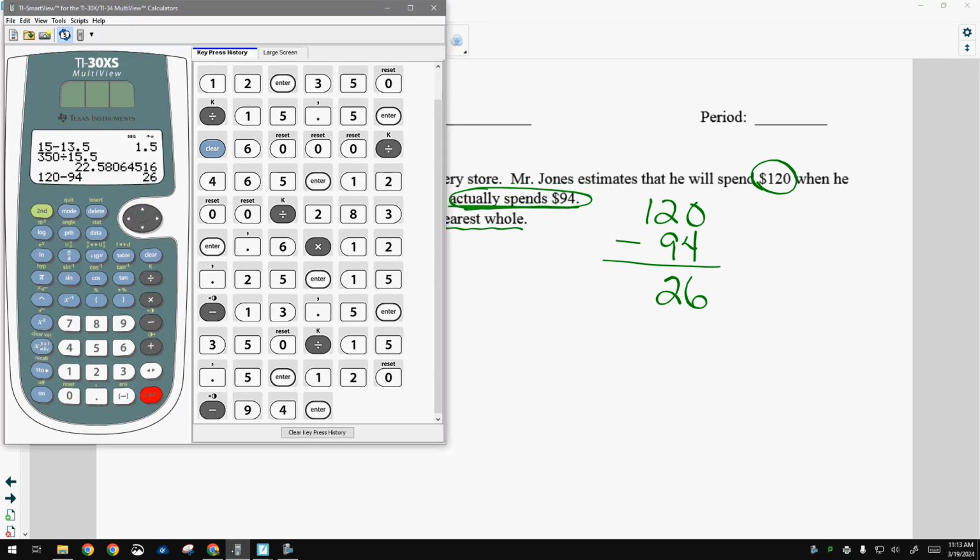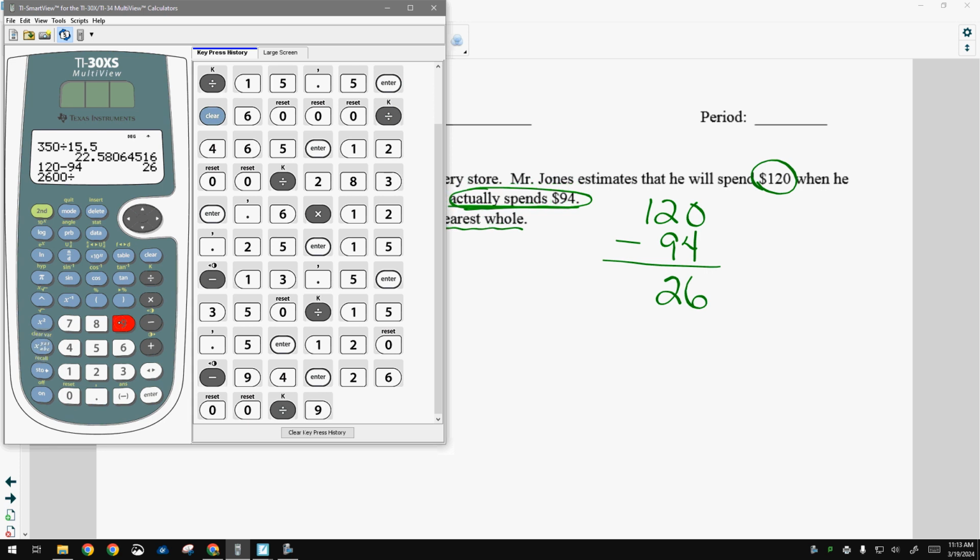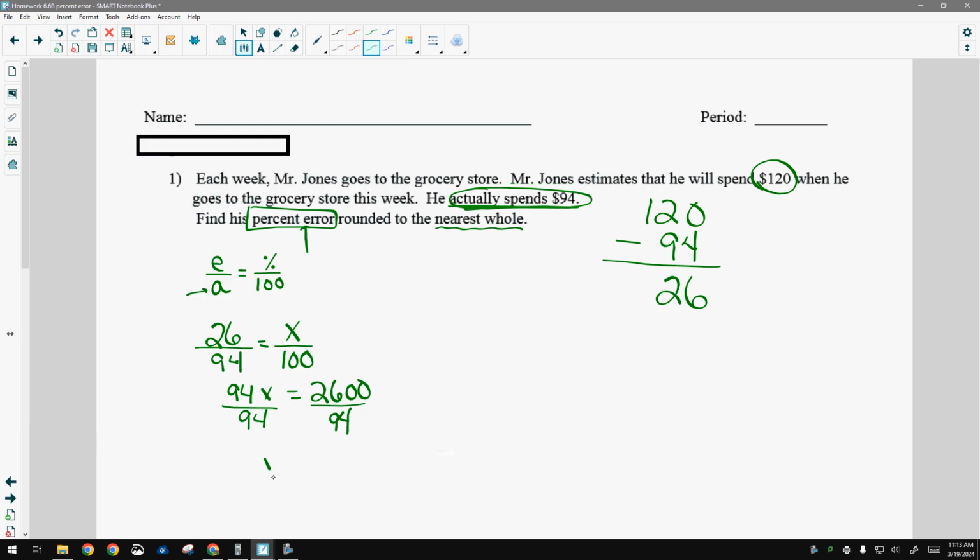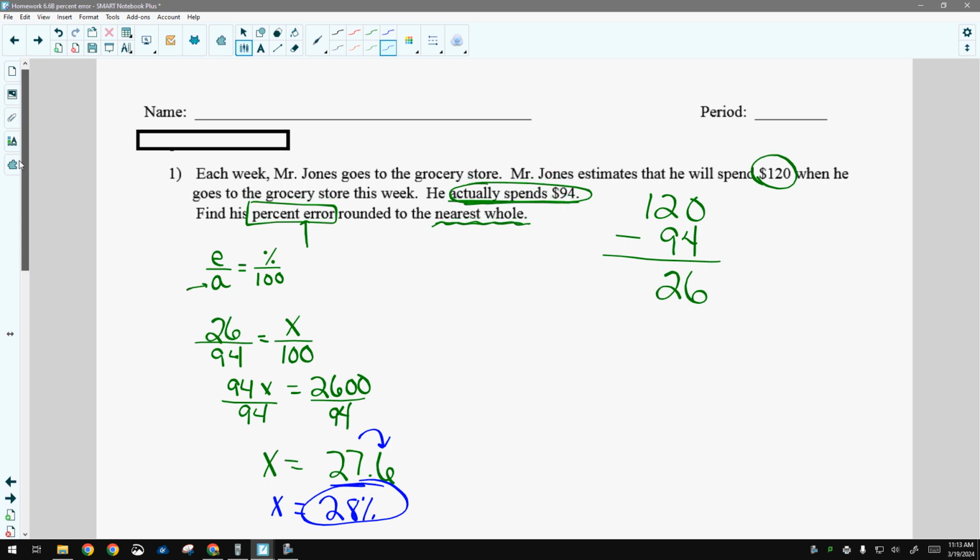When I type in 2,600 divided by 94, I get a decimal, 27.6. X equals 27.6. The question said to round to the nearest whole. Remember, this is the whole number here, so we look to the 6. If it's 5 or above, we give it a shove. This has a 28% error. That's how off his estimate was, by 28%.